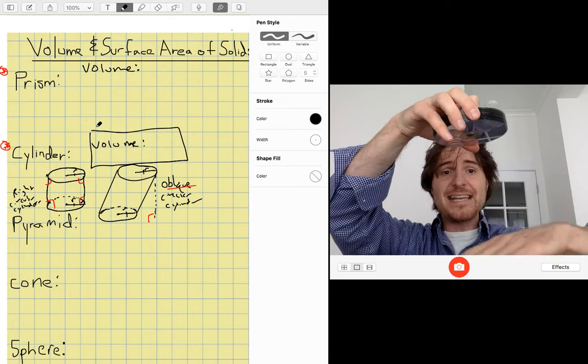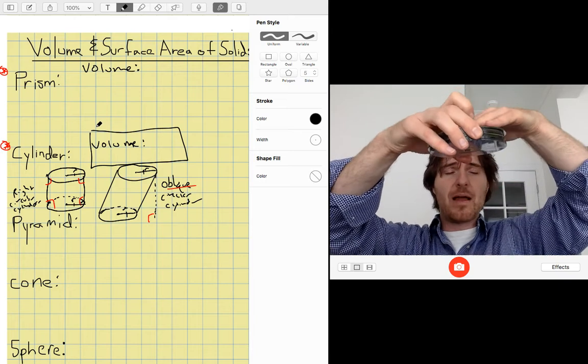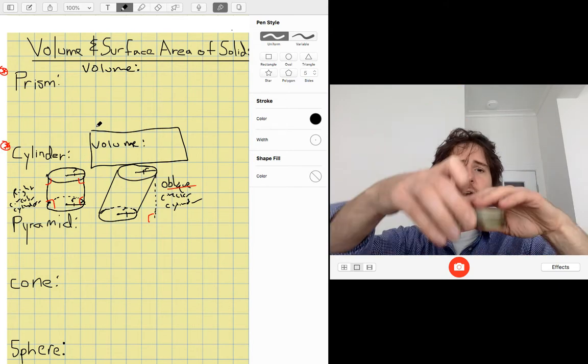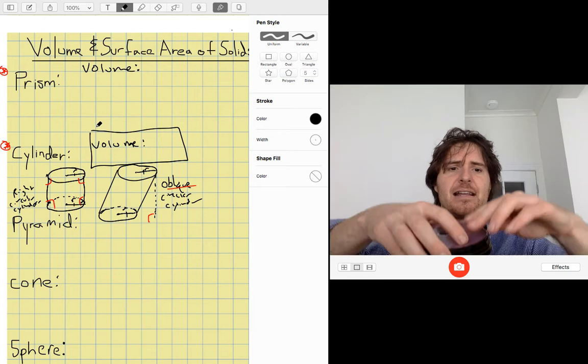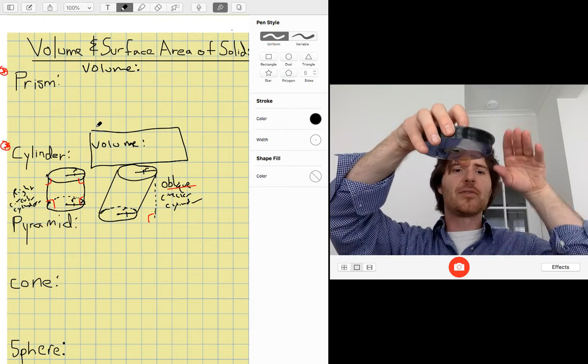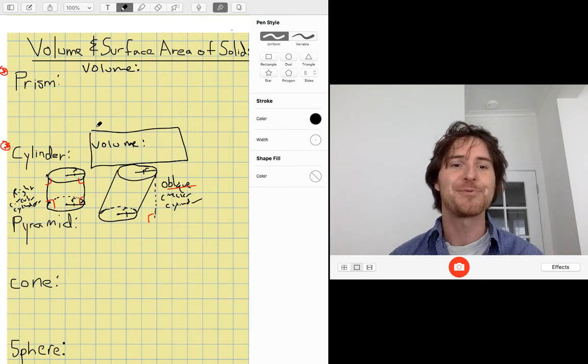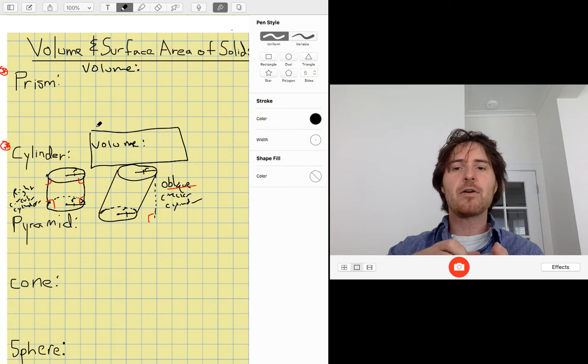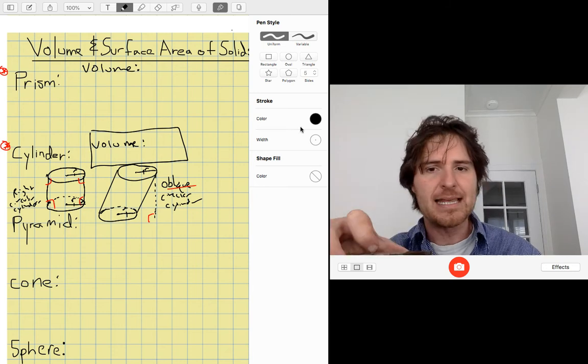If I had more CDs, I would take the area of the top CD and multiply by however many CDs I have. That is the volume, in terms of number of CDs. 15 right here.